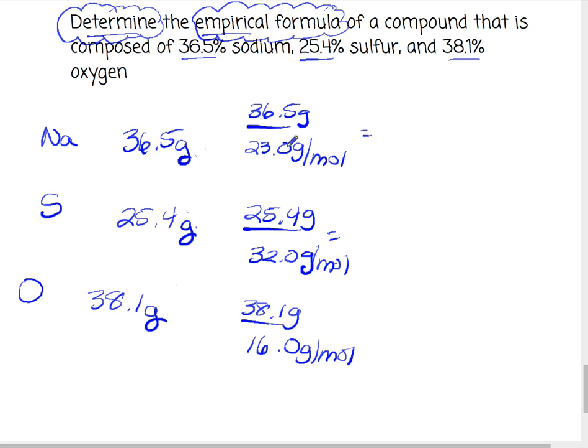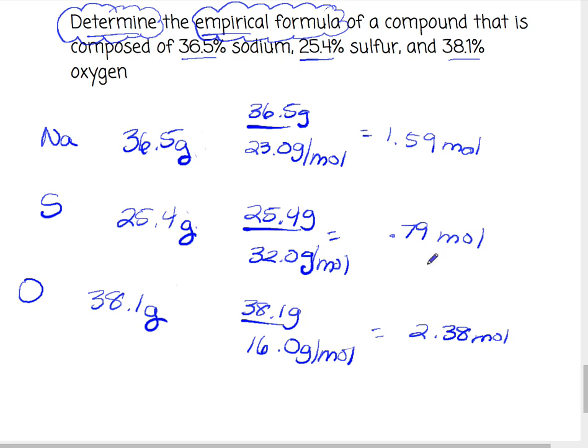Now we're going to plug them into our calculators. 36.5 divided by 23 gives us 1.59 moles. 25.4 divided by 32 gives us 0.79 moles. And finally, 38.1 divided by 16 gives us 2.38 moles.